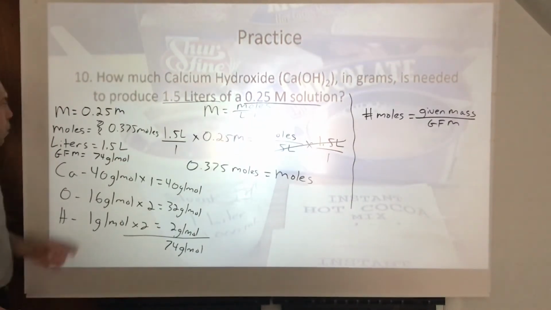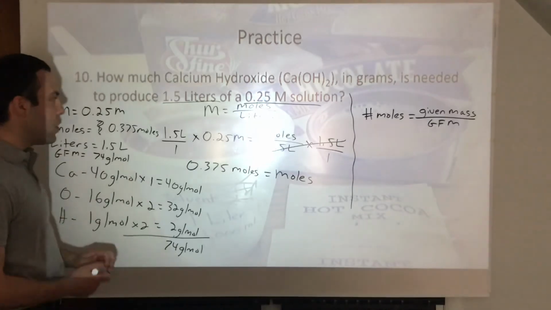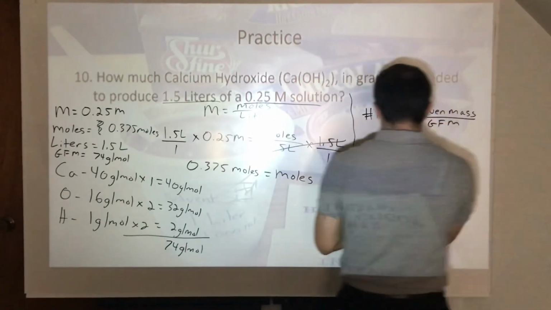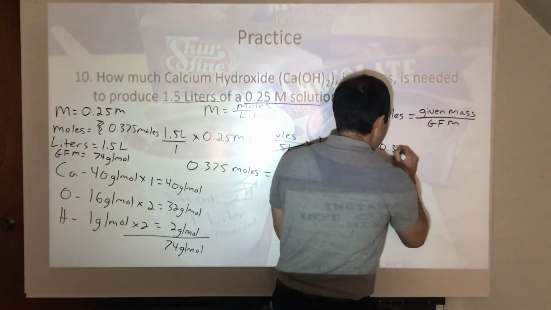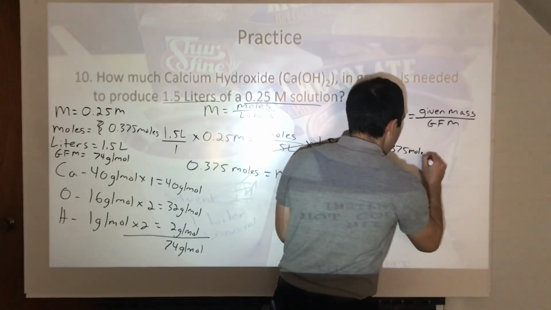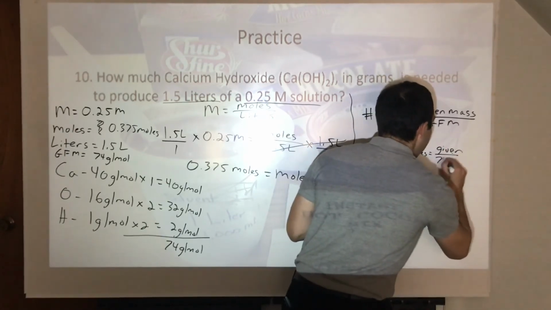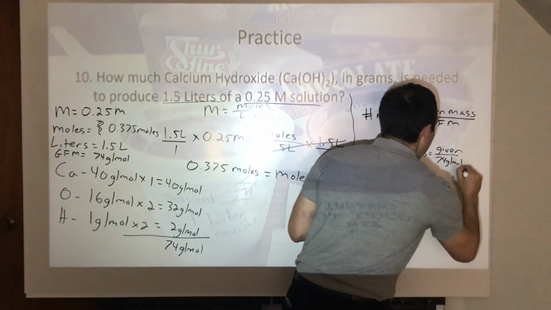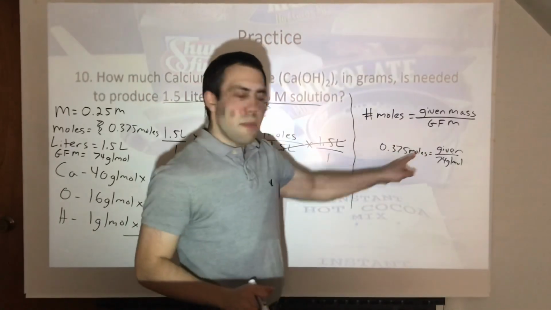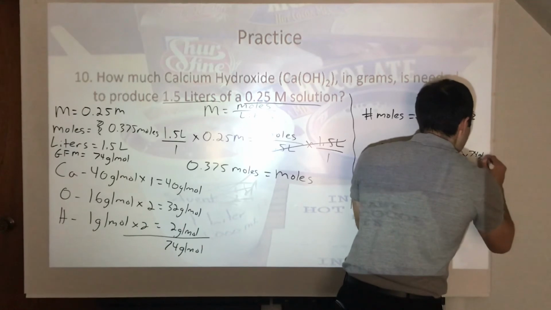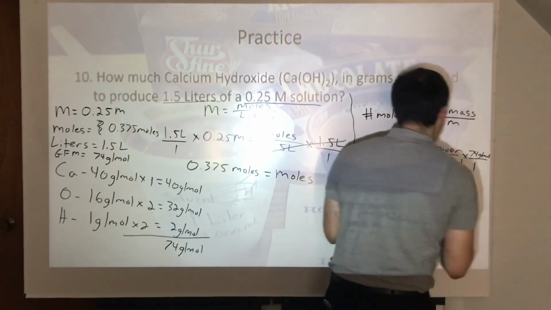So finally, we have the number of moles, we have the GFM, we have to find the given mass. So we plug in 0.375 moles equals given over the GFM, which is 74 grams per mole. Since we want the given mass to be by itself, we multiply both sides by 74 grams per mole over 1.